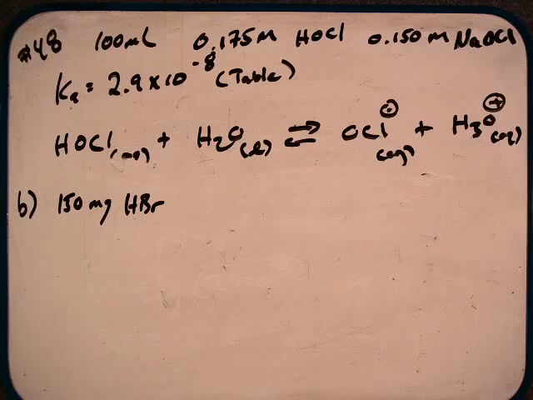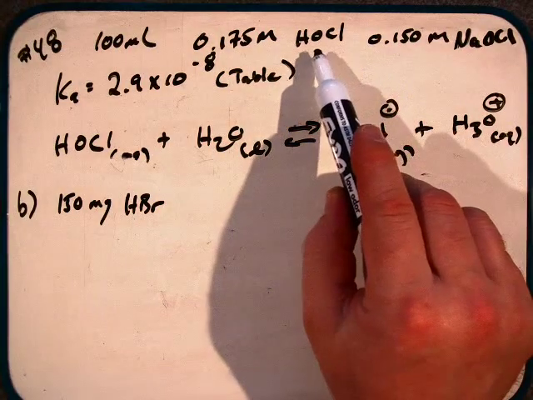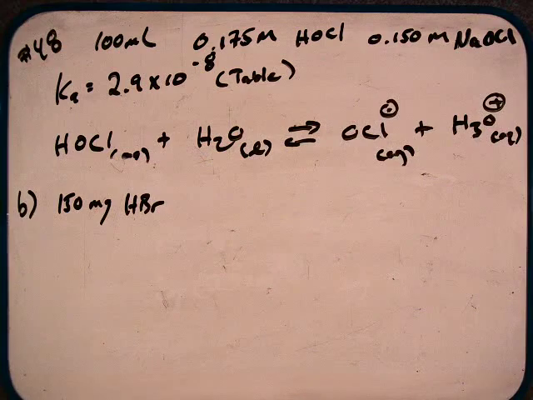And so for part B, it's like, what is the pH now after we've added 150 milligrams of HBr? So we're adding strong acid, and so what we always want to realize with a buffer is that whenever we add extra strong acid or extra strong base, it's simply going to change the initial concentrations of my parent and my conjugate.